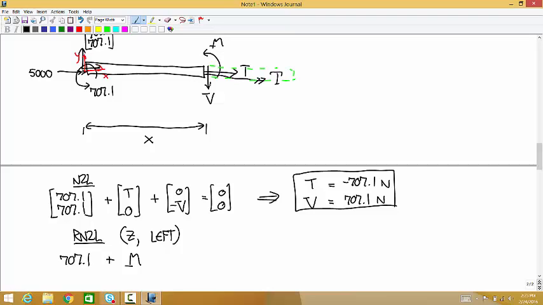What's the moment arm for V? X. And is that going to produce a clockwise or counterclockwise rotation about the end? Clockwise, so minus Vx. And then this is equal to 0.